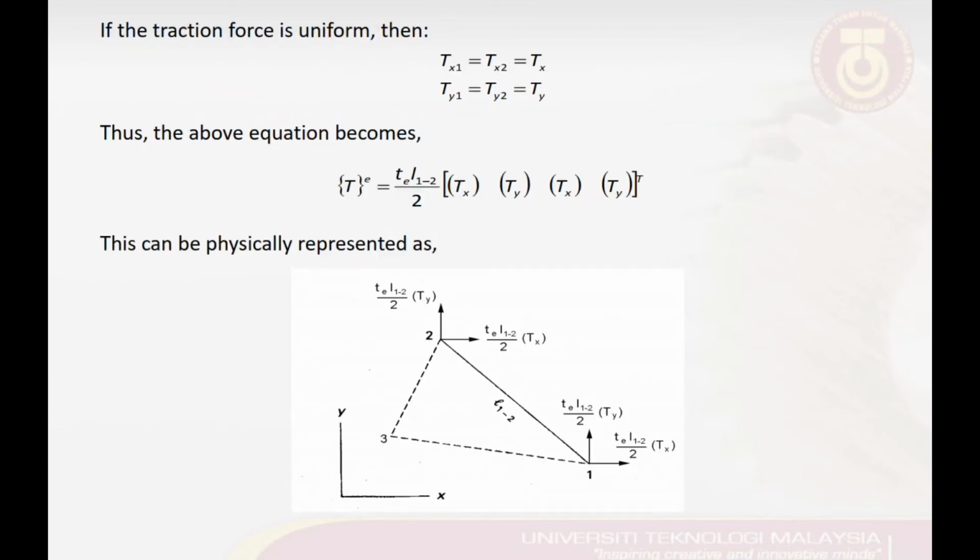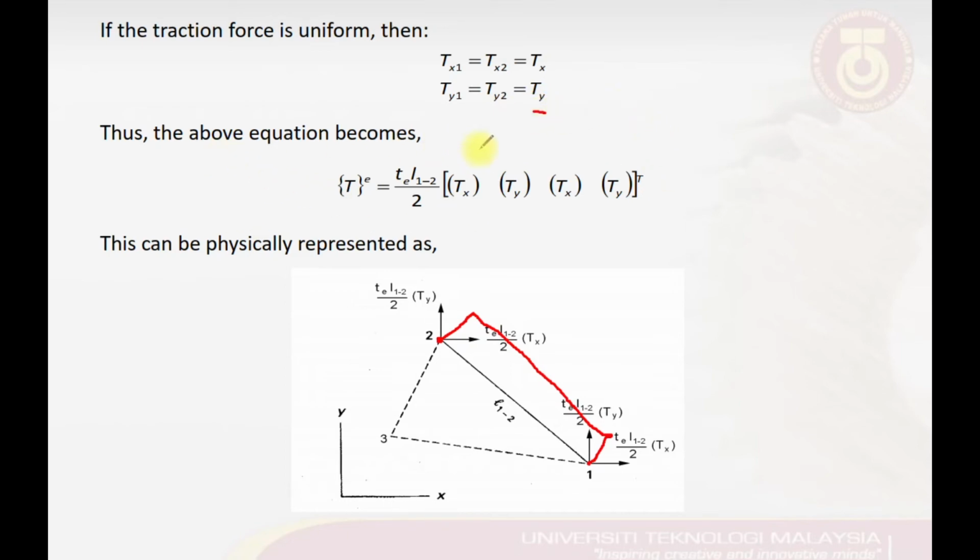In some cases where we have the traction force which is uniform, the traction force at both point number 1 and point number 2 will have the same magnitudes. So in this case, the Tx1 will be equal to Tx2, then this can be called Tx. Similarly, Ty1 is equal to Ty2, then we can call it Ty only.